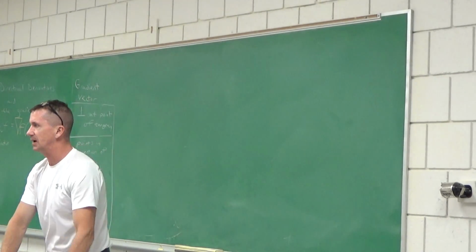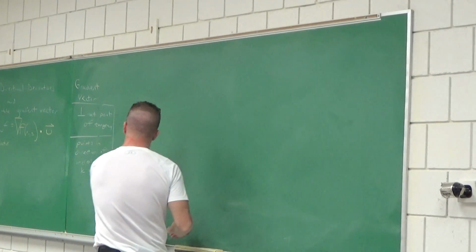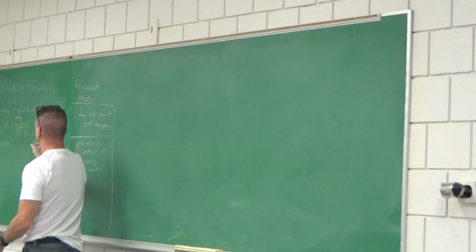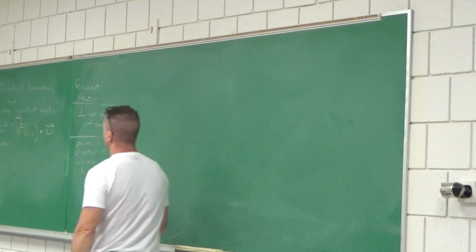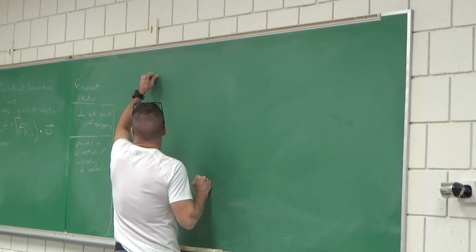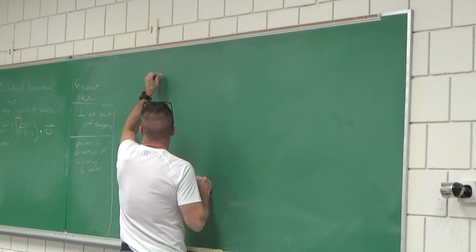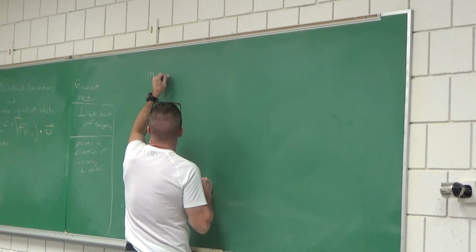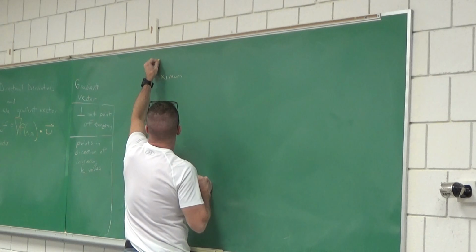I'm going to pull a problem out of this book that we'll do in a second. I want to talk more about this formula here. Can we prove this? The max. Let me do a little proof.